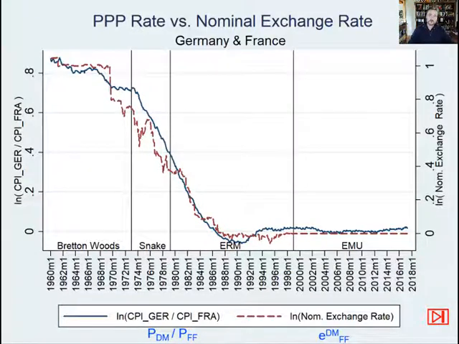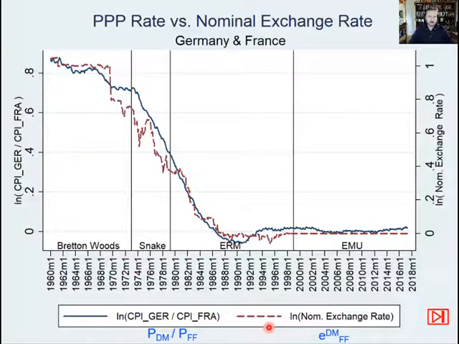This diagram shows the development of the actual exchange rate and the purchasing power parity exchange rate between the franc français and the Deutsche Mark from the year 1960 to the year 2018.